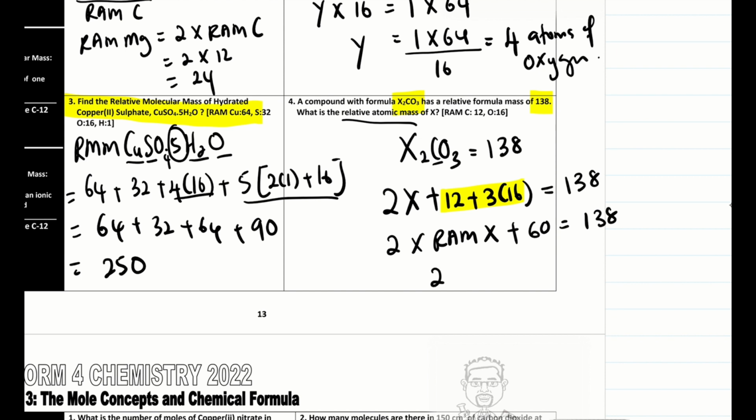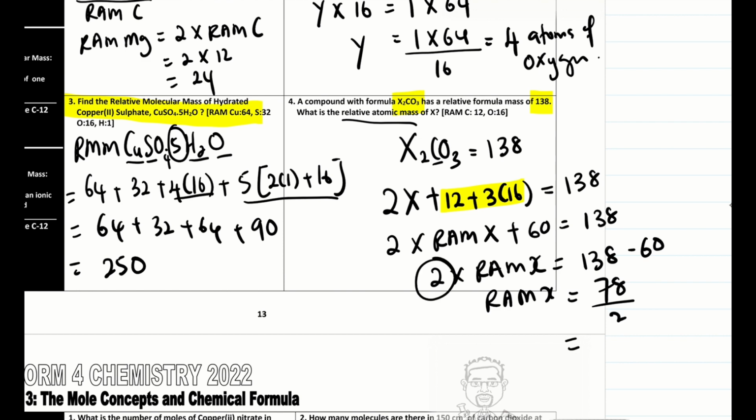So 2 times the RAM of X equals 138 minus 60. We get 78 divided by 2, so the answer will be 39.